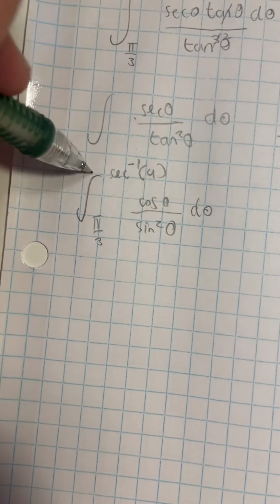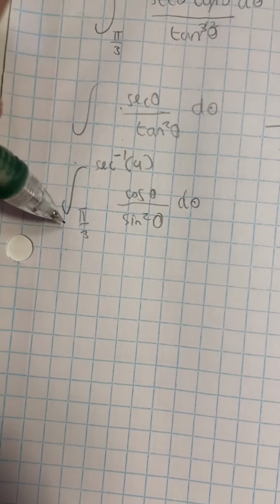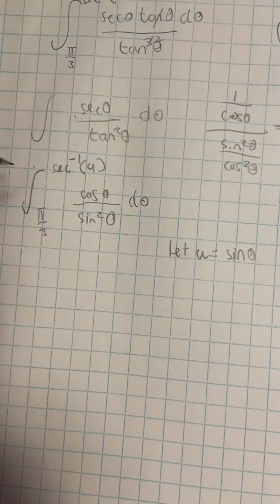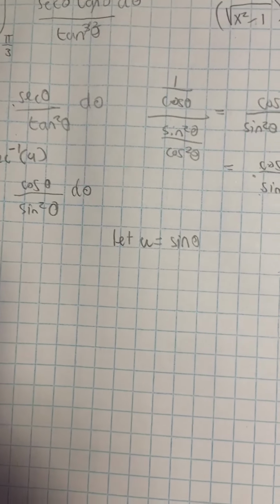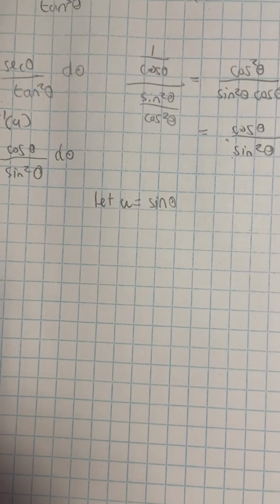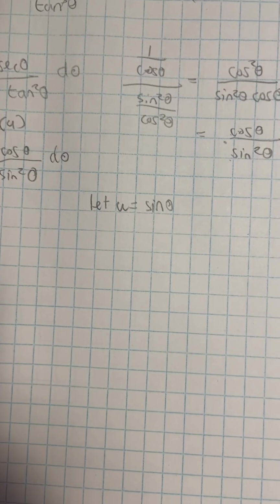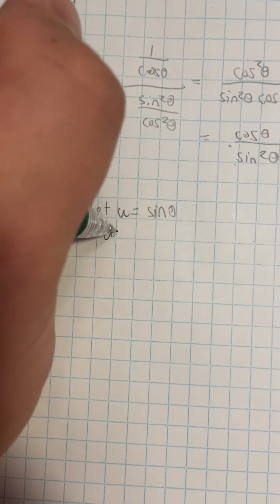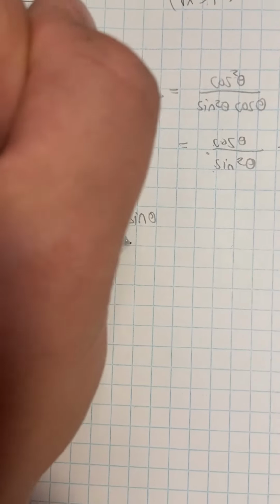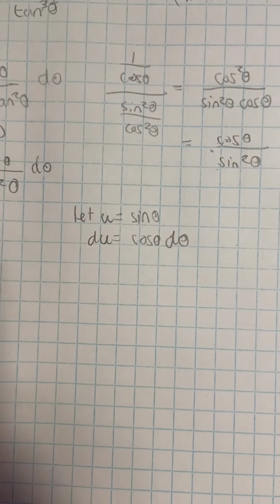So what we're going to do is use u substitution now to finish this out. We're going to let u equal sine theta. And it makes delta u really easy because the derivative of sine theta is cosine theta, so delta u equals cosine theta delta theta.